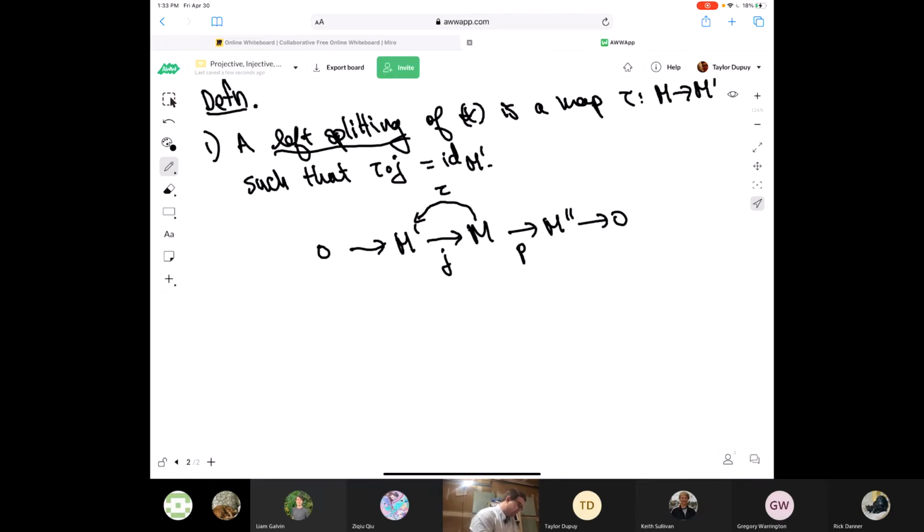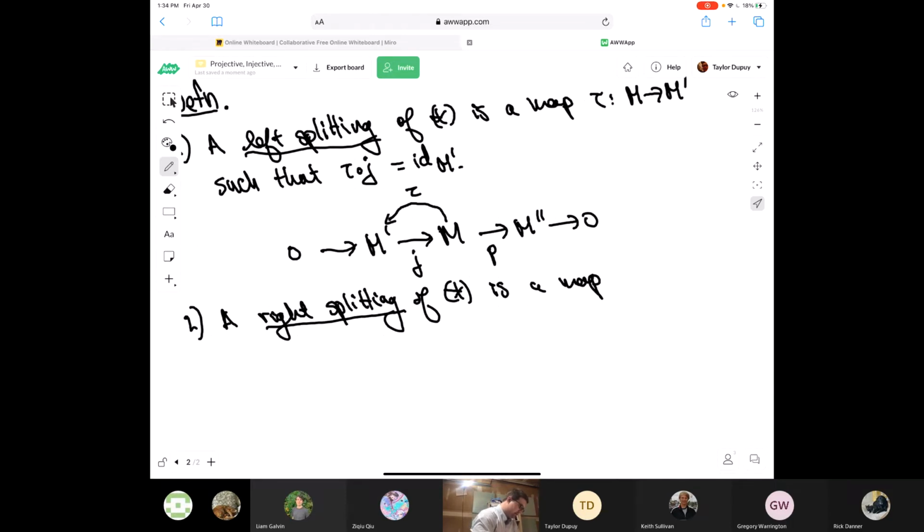So a right splitting is going to be very similar. So a right splitting is a map sigma from M prime prime to M such that it's going to be the same thing.